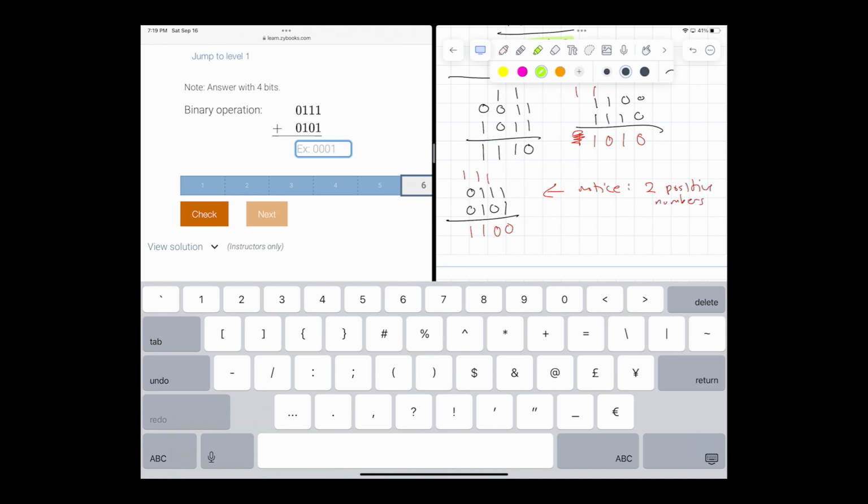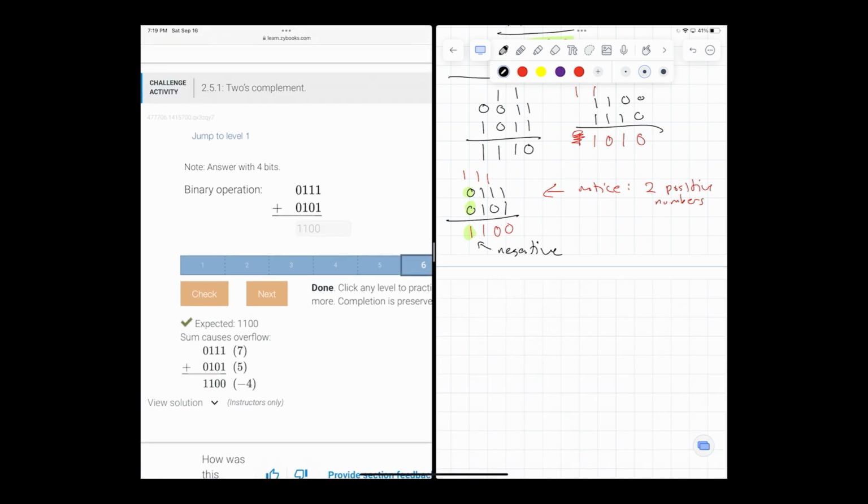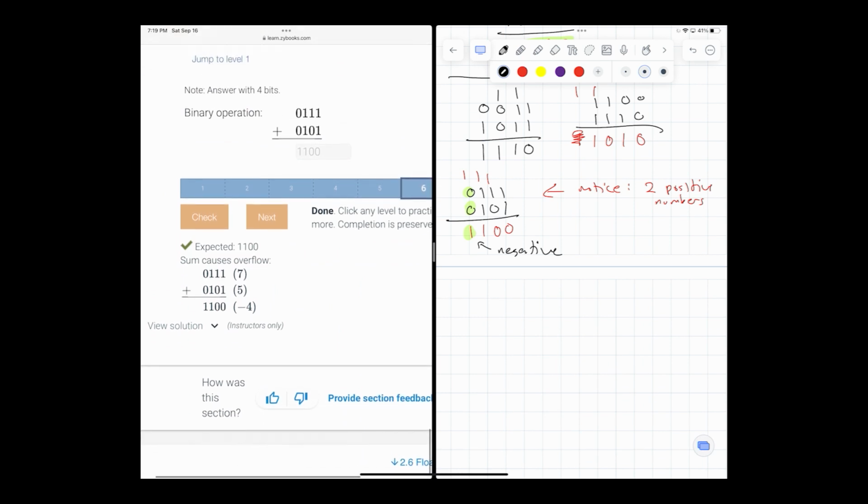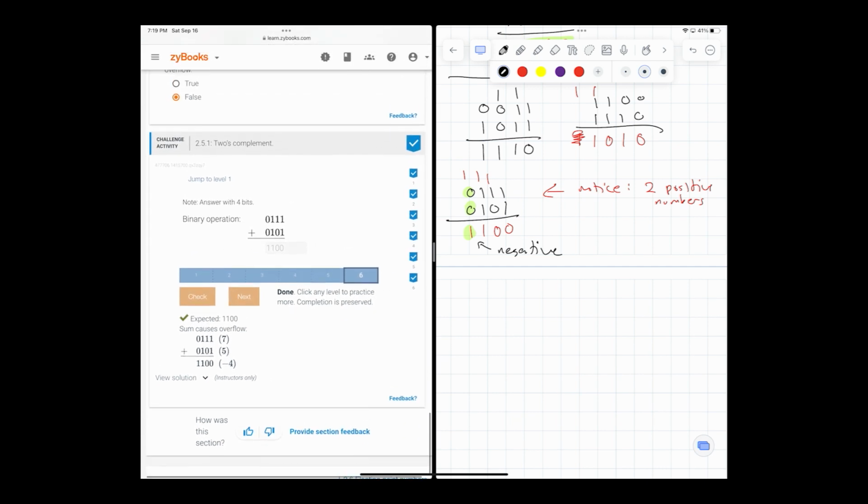You know that they're positive because their sign bit is 0. But if you look at the sign bit down at the bottom, we ended up with a negative number because the sign bit is 1. So we added them correctly, but there was overflow, so the result is going to be incorrect. And so you can see what they got, 7 plus 5, and then the result that we got is -4 because of the overflow.